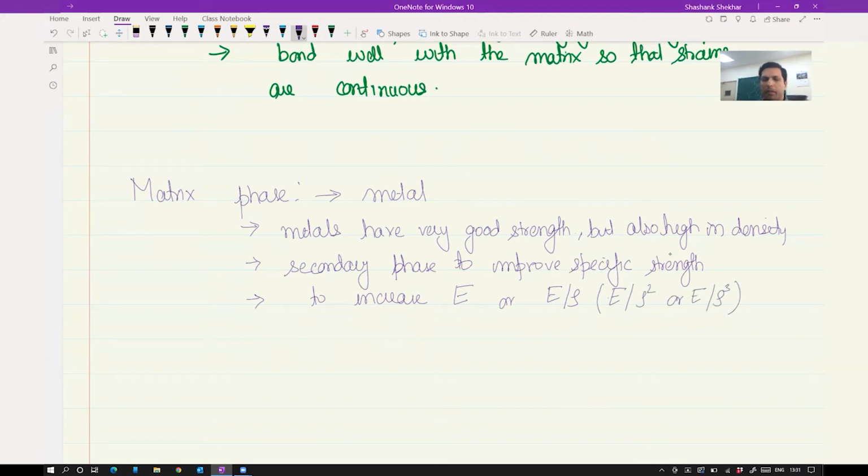That depends upon the application and the primary mechanical characteristics of the component that is being used. So if the primary characteristic is such that E by rho is to be optimized, then you will increase E by rho, or for some applications it can be E by rho square, or it can be E by rho cube.